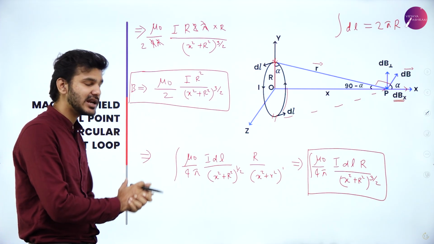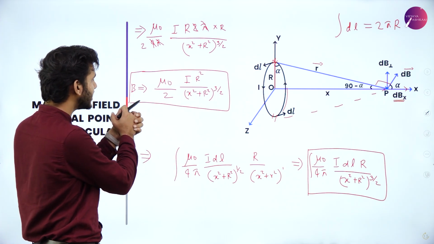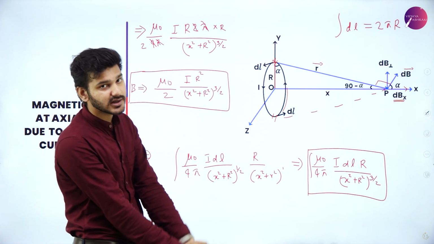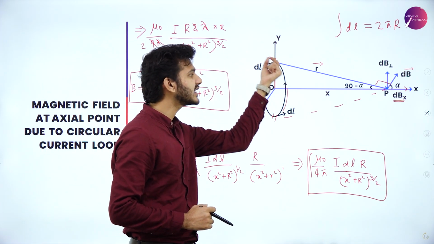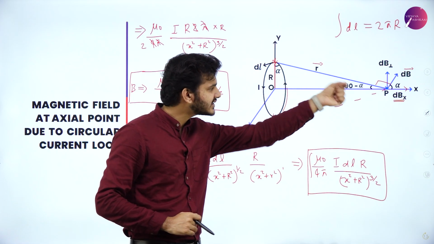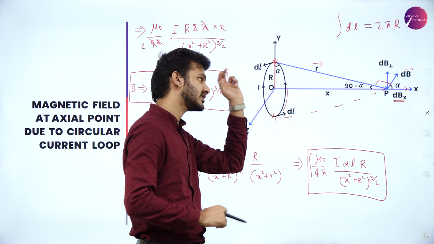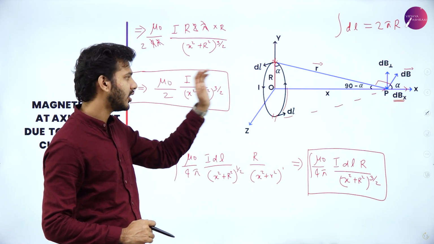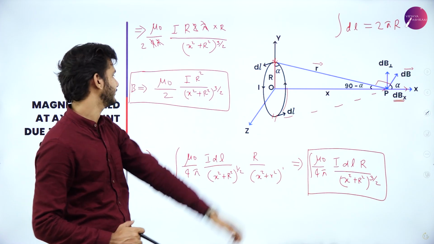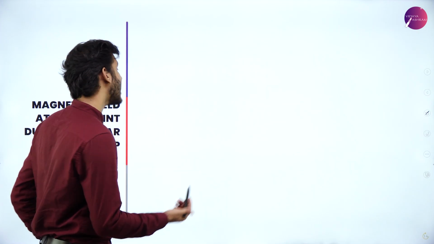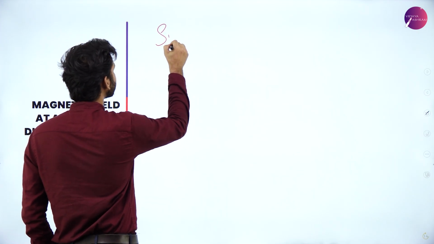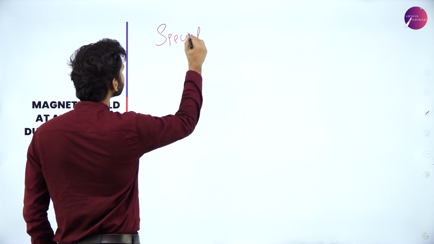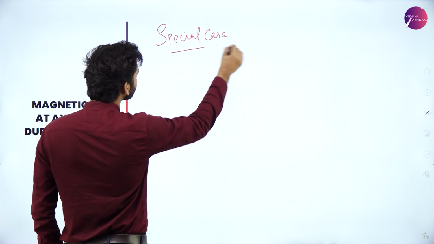That is the final and condensed form of the equation to find out the magnetic field because of a current carrying circular loop experienced at a point P, x distance away from the circle.